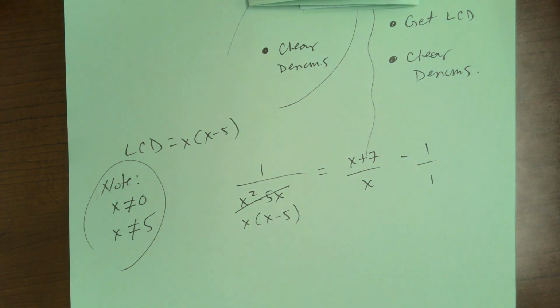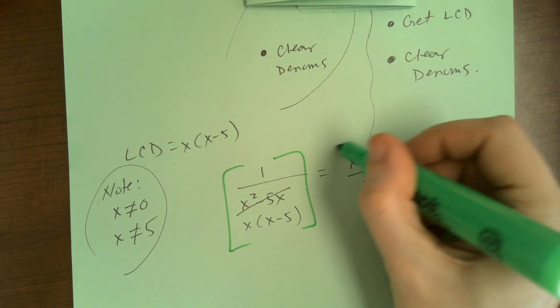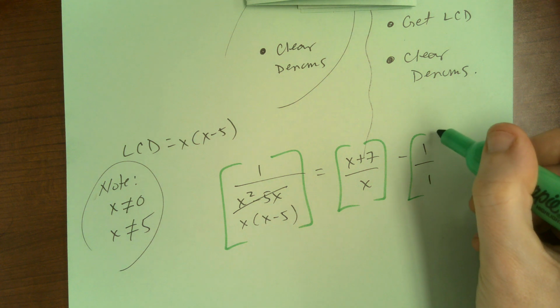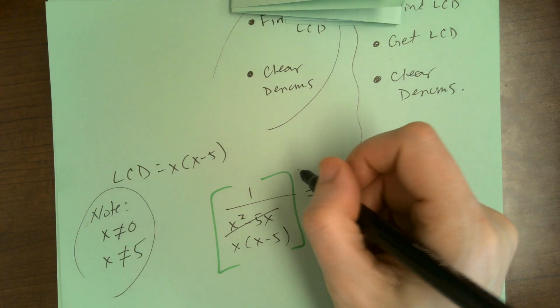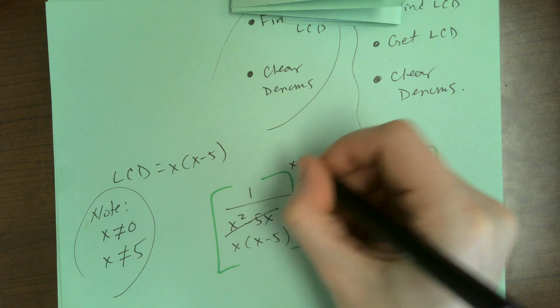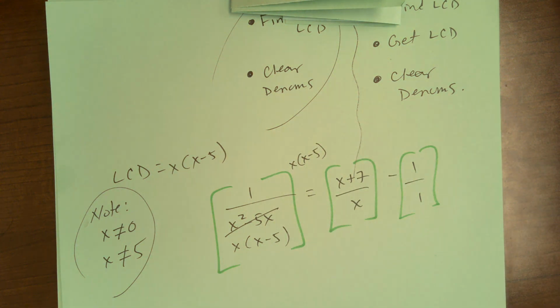Okay, now for the clearing of the denominators. So I'm going to take each one of these fractions and I'm going to multiply by the least common denominator, every single fraction. And you're not multiplying the bottom by anything, it's just the top. When you do this, if you chose the correct LCD, the denominators should all cancel.